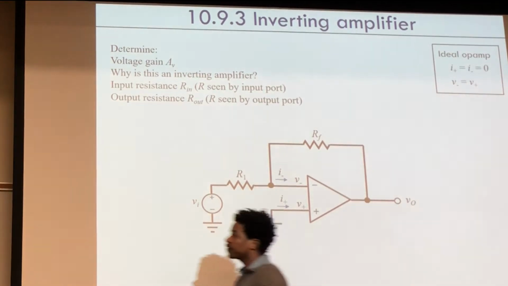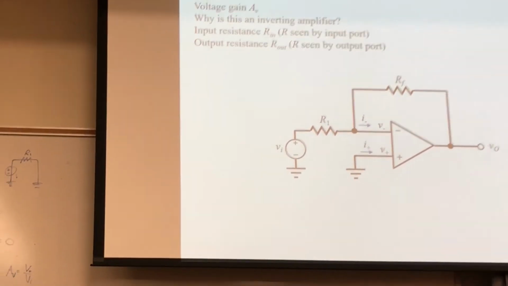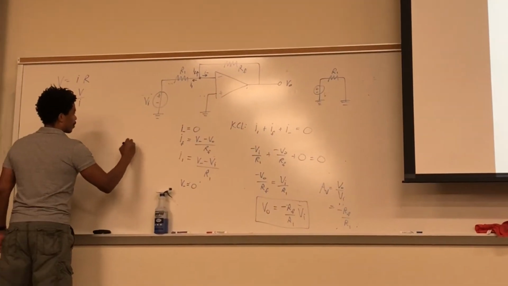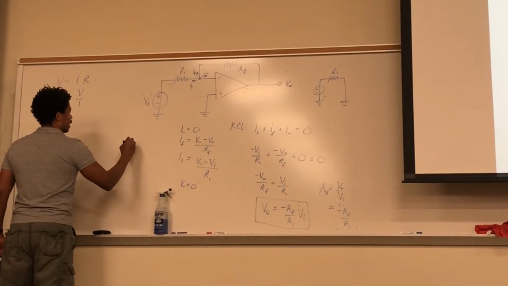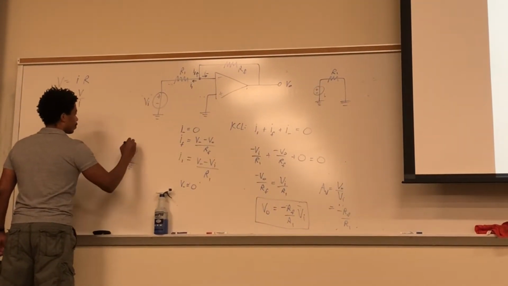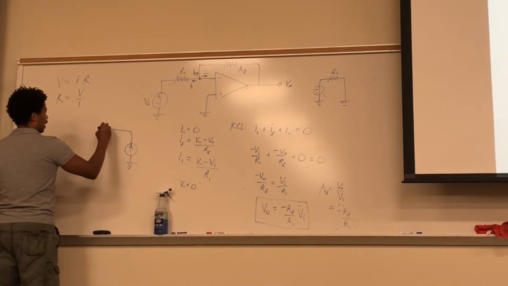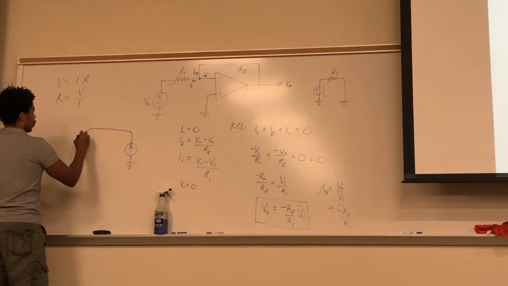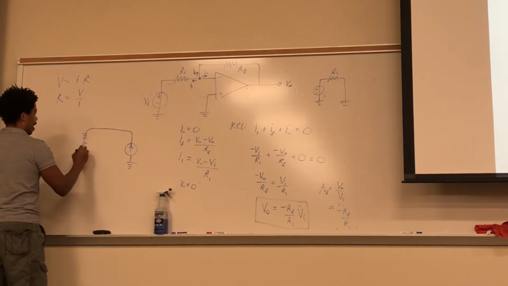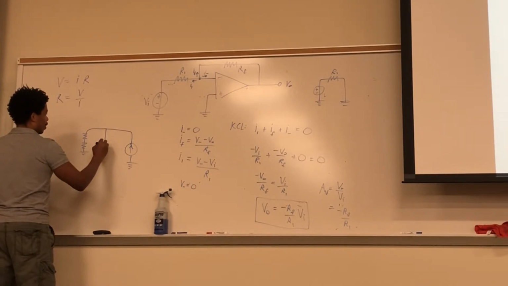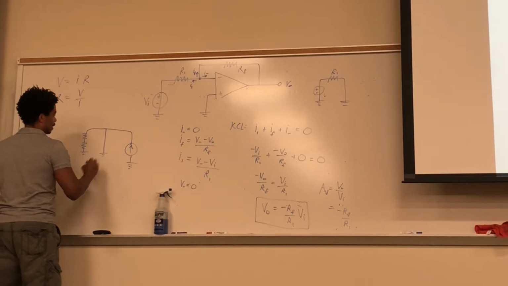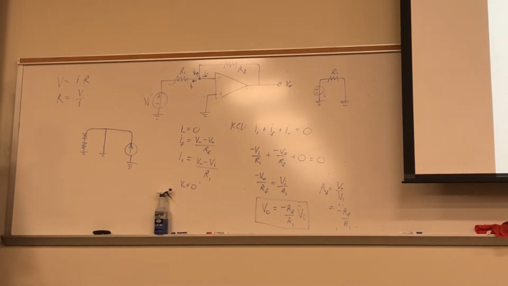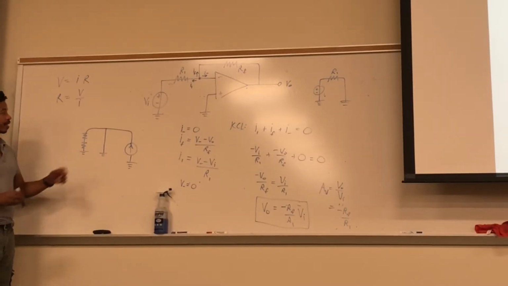So if you have your current source, it can have two paths to ground. One goes through a couple of resistors before it goes to ground, and another path has nearly no resistance and goes to ground. What path is it going to choose mostly? Yeah, it's going to choose this one.